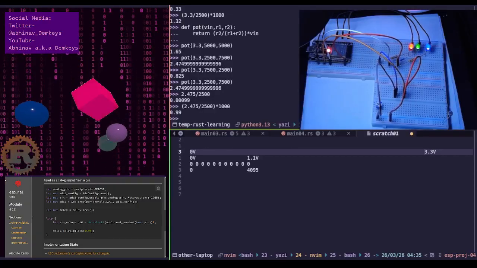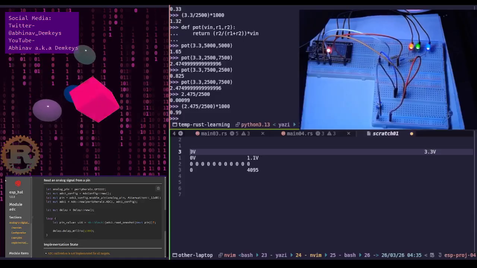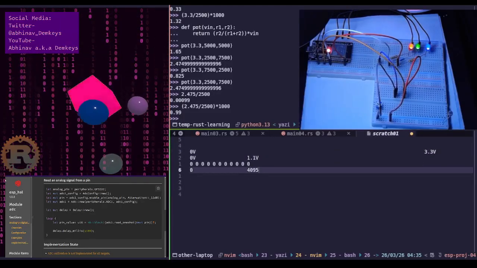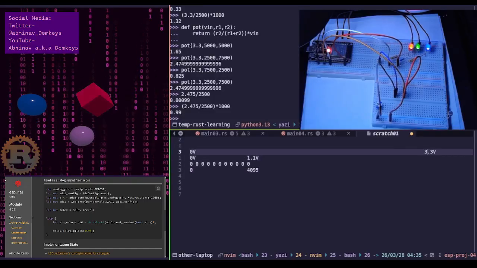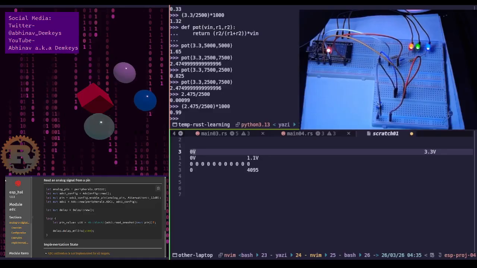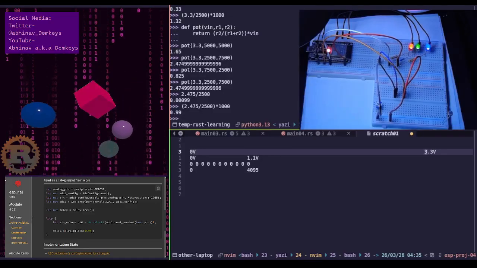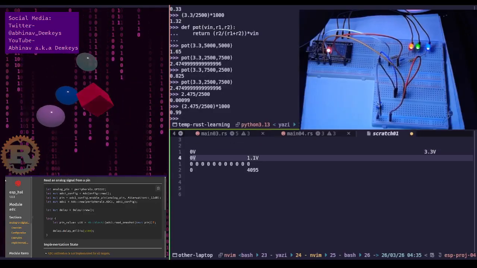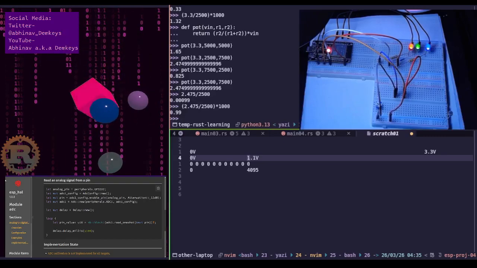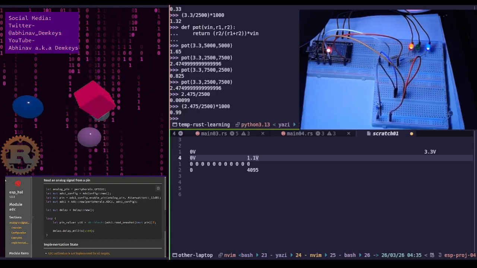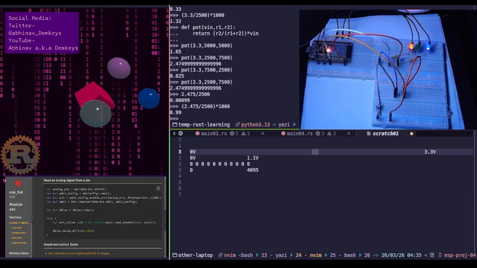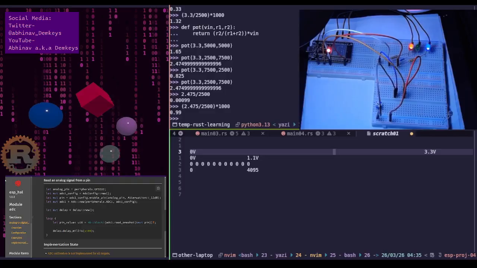And if we try to use that with this, could it be that we will hit 4095 pretty quickly once we hit 1.1 volt, and then anything above that is just not going to be counted? Anything above that is just going to be 4095. I'm curious if that's going to be the case here.